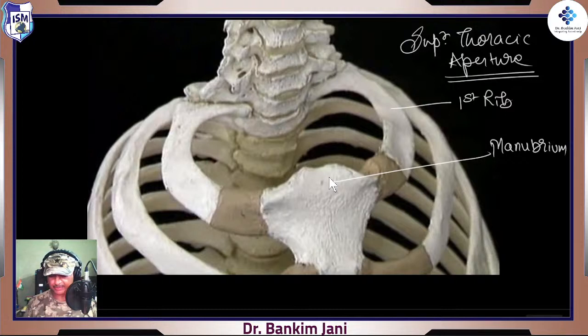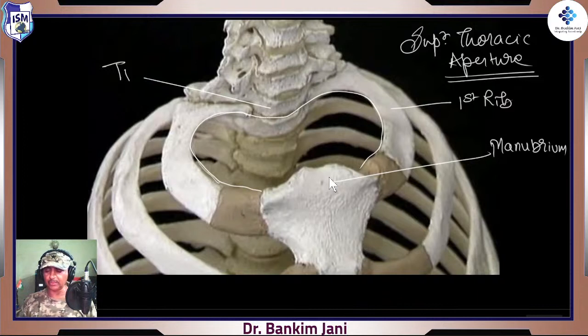And first rib is attached to T1. So it is this margin on the back side and then all the way, and that is what forms the superior thoracic aperture. So many structures would be passing through it and we'll be talking about it as it arrives, right? But this is just a basic bony layout which we need to understand.